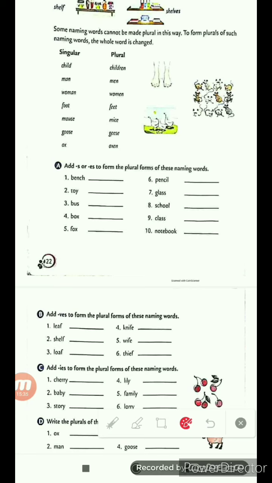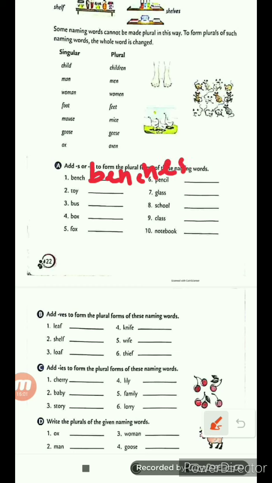Ch is there. We have to add ES. I have told you that when the last letter is S, CH, SH, we will add ES. So we will write benches. Okay.